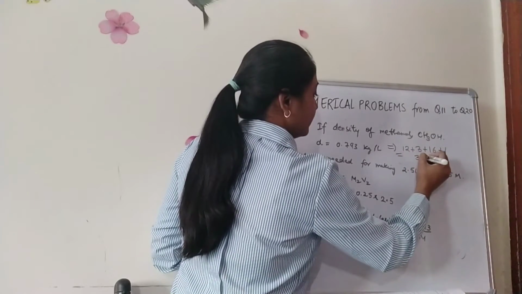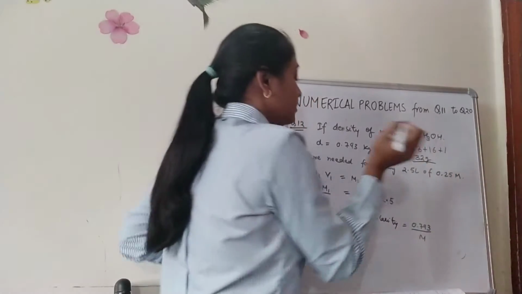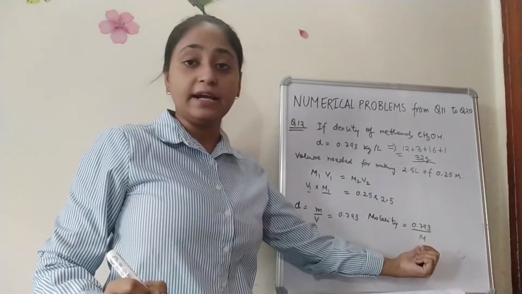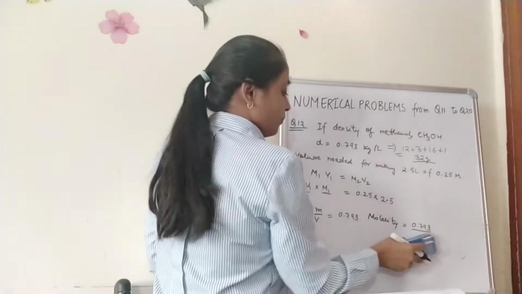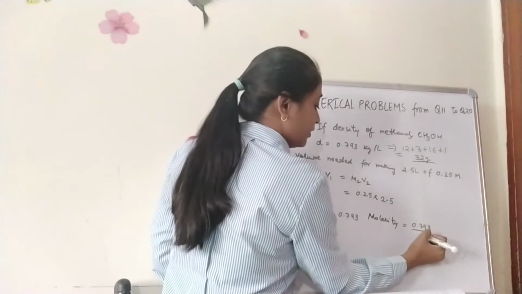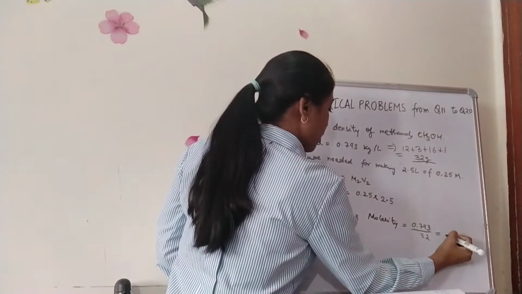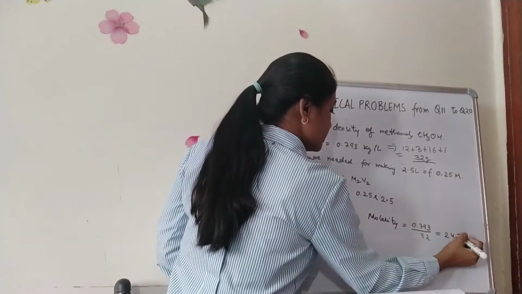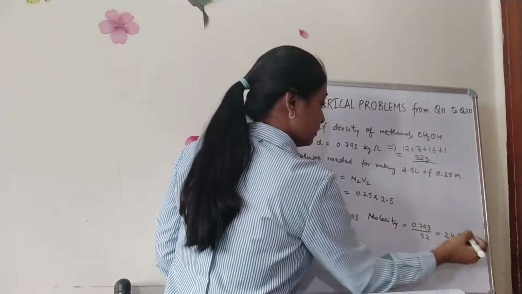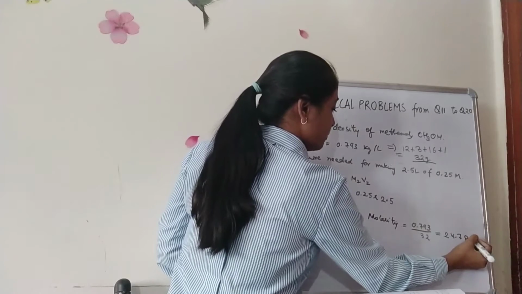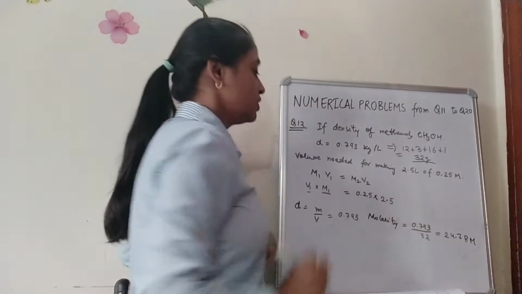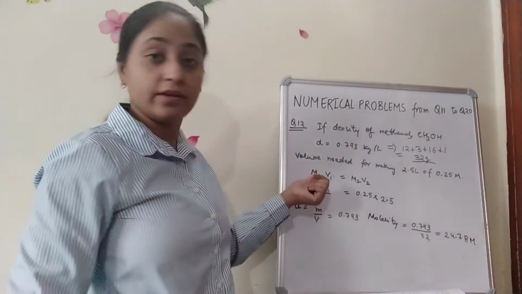How much will it be? 32 gram, right? So 32 gram we can write it here. Solving this, we will get around 24.78 molar. So this will be the M1, right?